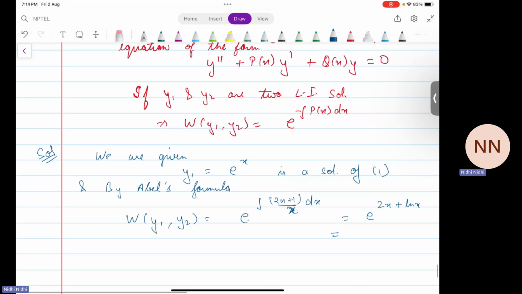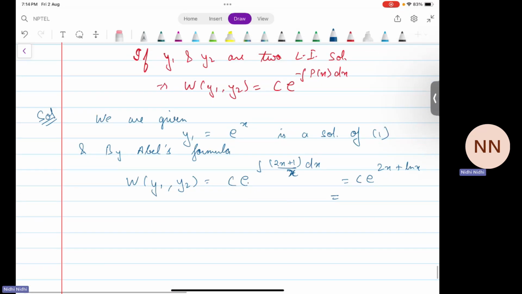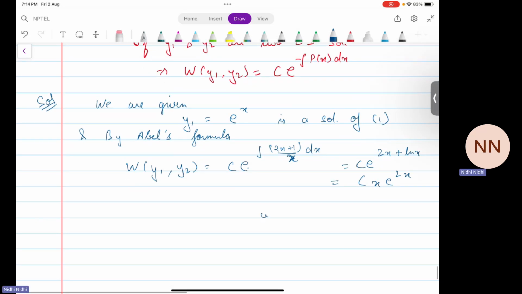Oh, I'm so sorry, this must have a constant C. We have C x e to the power 2x, where y2 is a solution of equation 1, such that y1 and y2 are linearly independent.